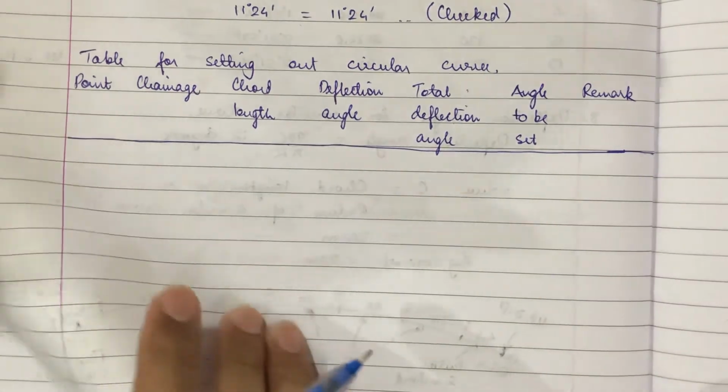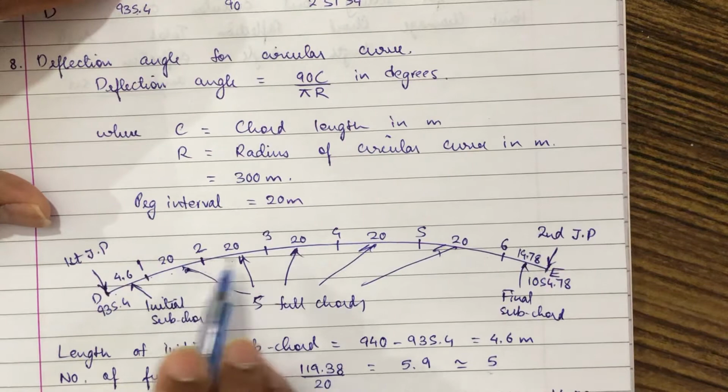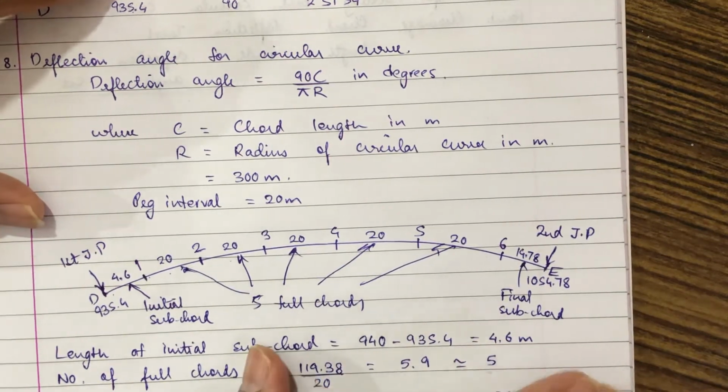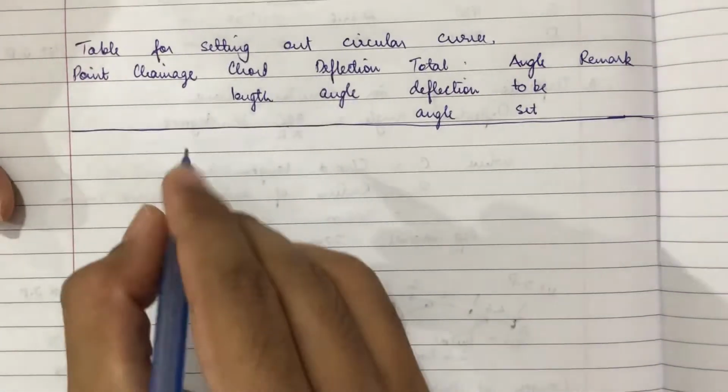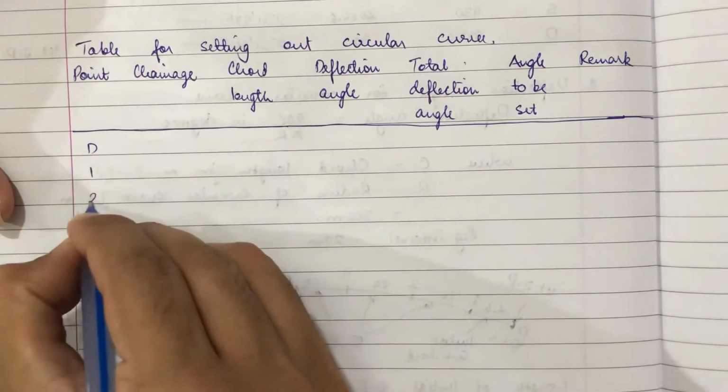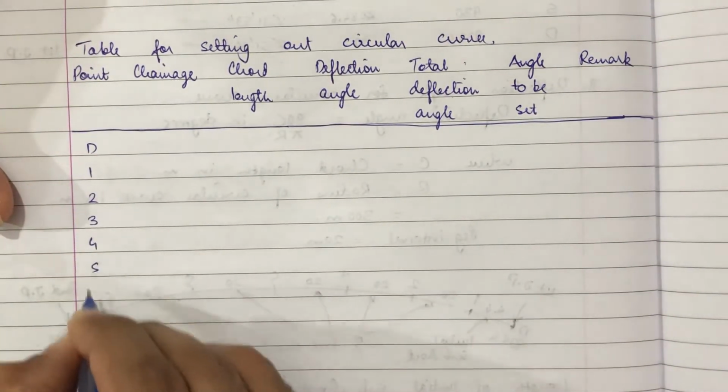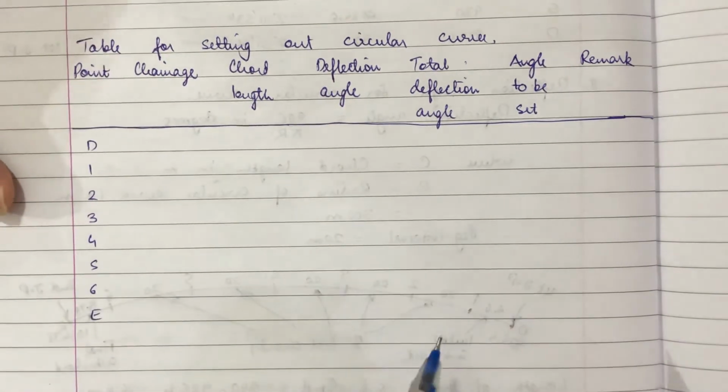Now what points have we taken? Points are D, 1, 2, 3, 4, 5, 6, and E. So we will write them down.